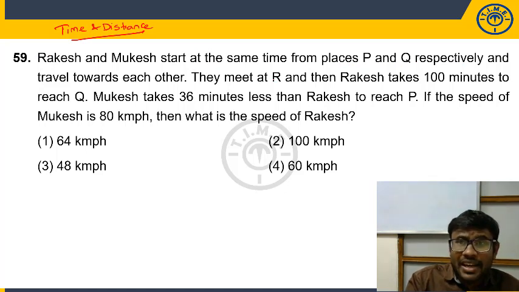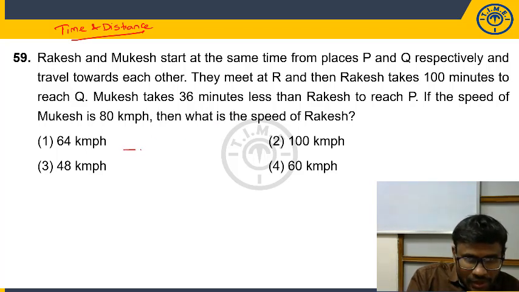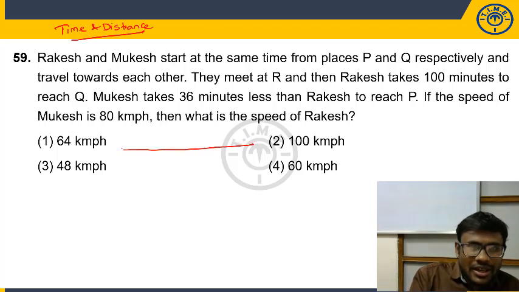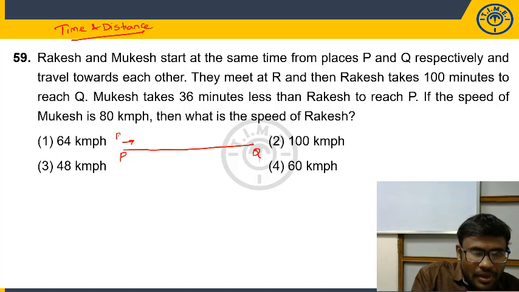They meet at R, and then Rakesh takes 100 minutes to reach Q and Mukesh takes 36 minutes less than Rakesh to reach P. If the speed of Mukesh is 80 km per hour, what is the speed of Rakesh? Now, P and Q are the two places. Rakesh is starting from here and Mukesh is starting from here.